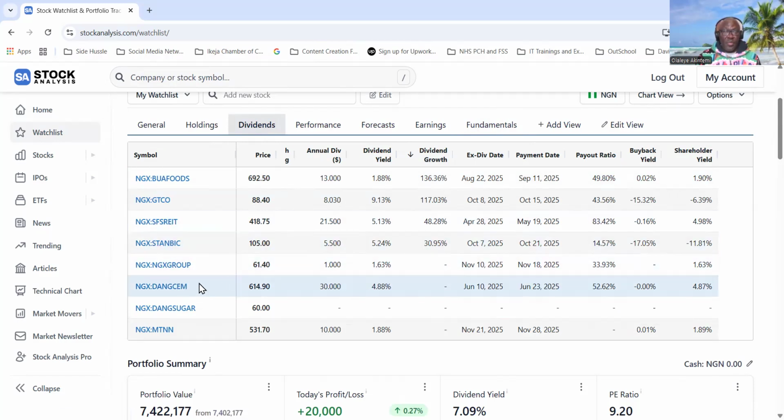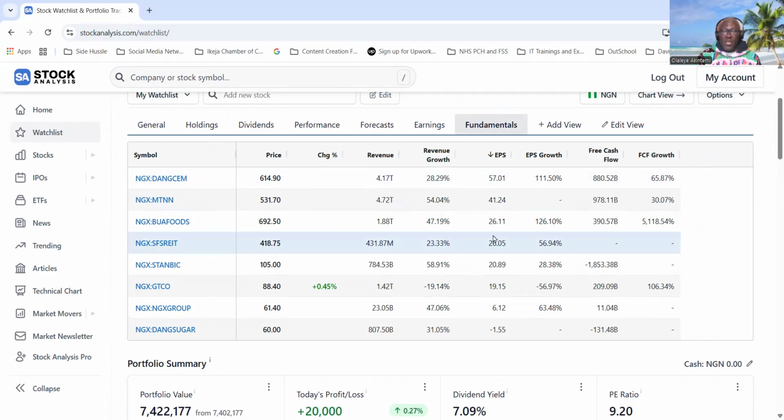And then if you go back into fundamentals, you look at the earnings per share, it is 26 naira. So Boa Food paid 50% of its earnings per share as dividend.